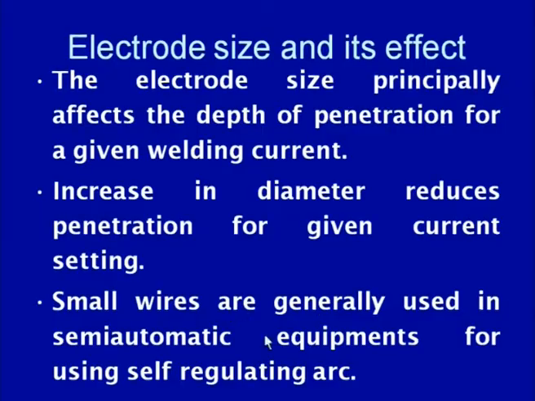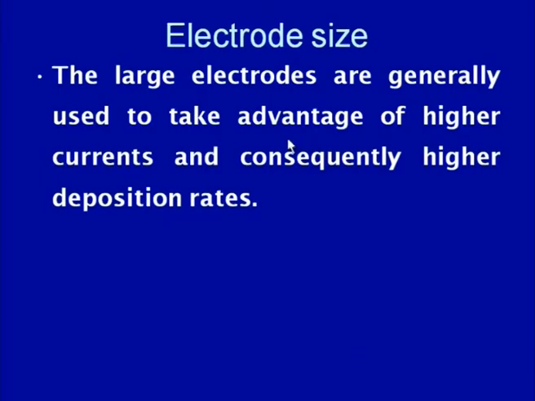The small wires are generally used in the semi-automatic equipment for using the self-regulating arc, so that a constant arc length can be maintained during the welding. Large diameter electrodes are generally used to take advantage of the higher current and so the higher deposition rate.